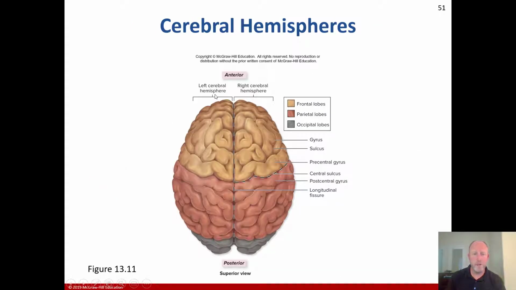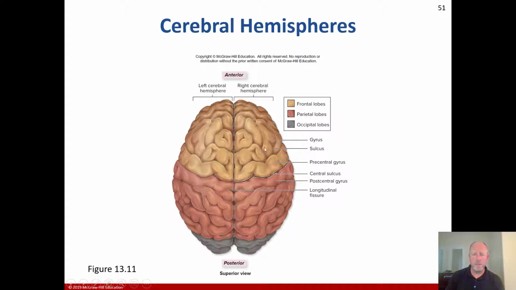So for the cerebral hemispheres, here we have our left and our right cerebral hemisphere. We're looking at a superior view of our brain here. The frontal lobe is that orangish color, and then a little more reddish-pinkish are the parietal lobes, and our occipital lobes are the posterior back here. And remember we have our gyri.